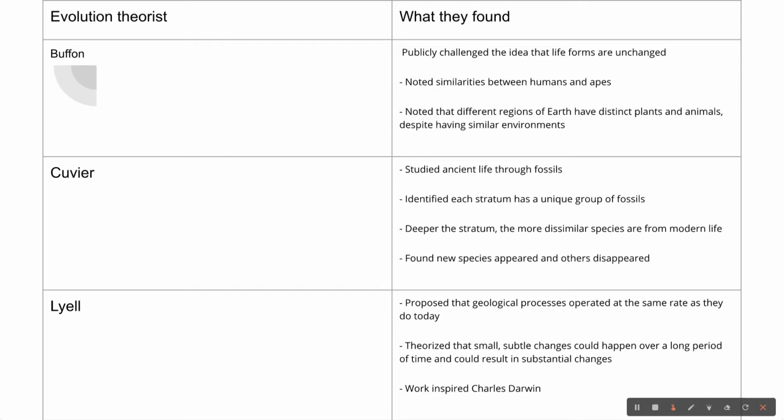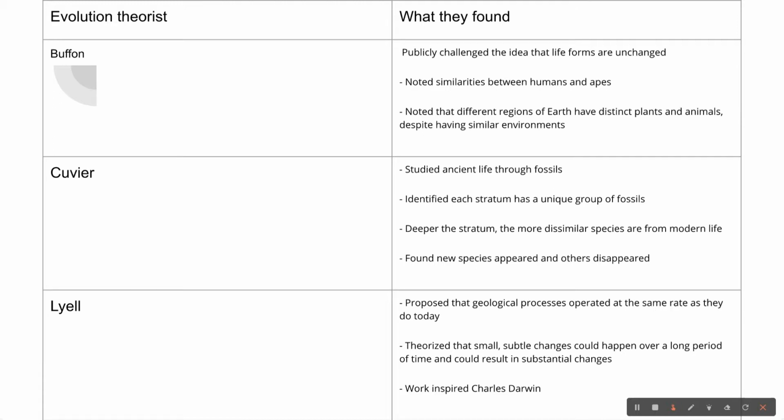So there is a guy called Buffon. I don't know his first name. His last name's Buffon. He publicly challenged the idea that life forms are unchanged. He believed that life forms changed, and he was going to prove it. He noted similarities between humans and apes, which is where we get the idea that we come from apes.